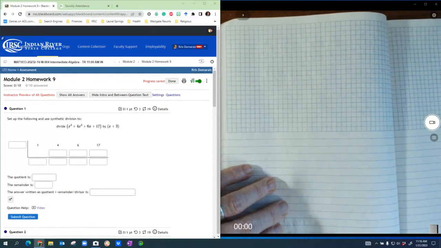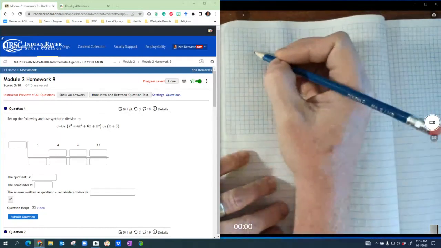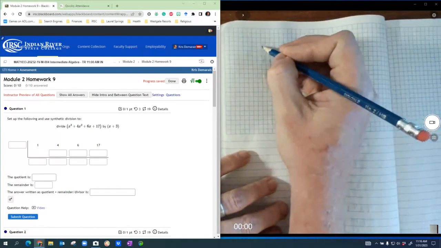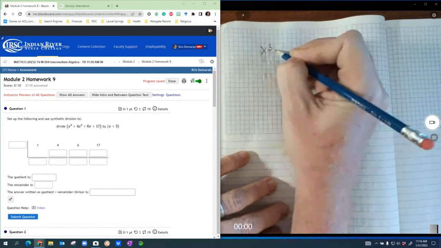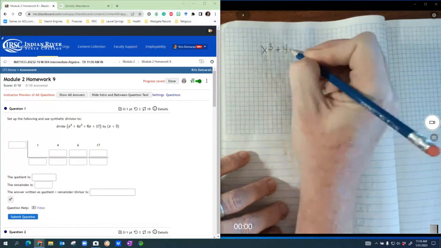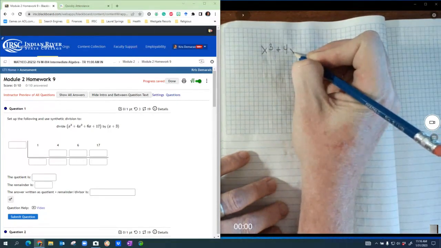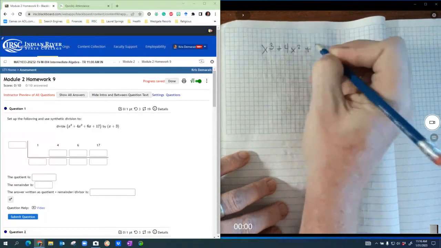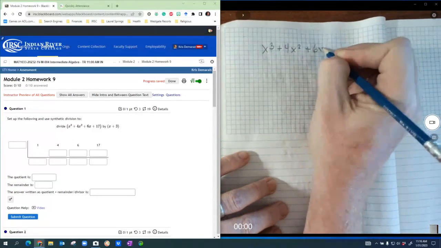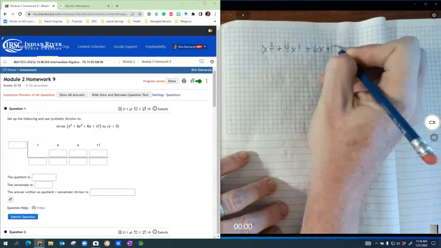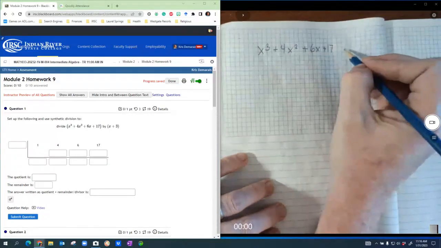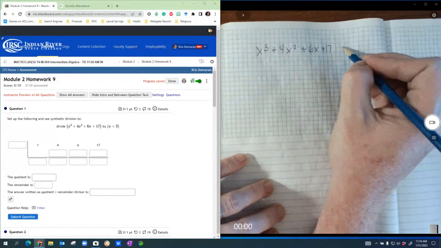So, learning synthetic division. This question has us dividing this right here by this right here, which is x plus 3.